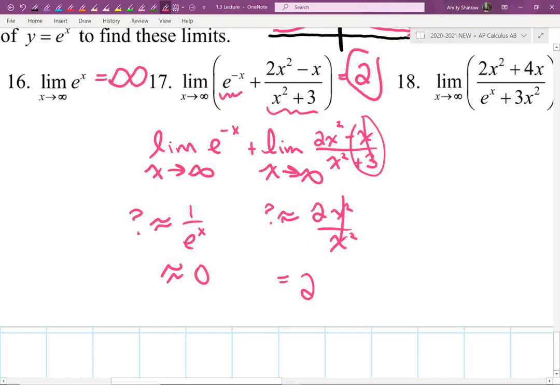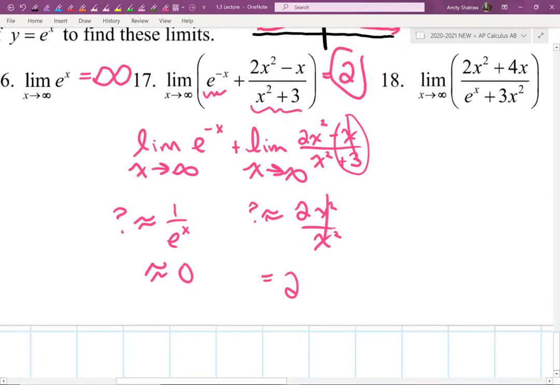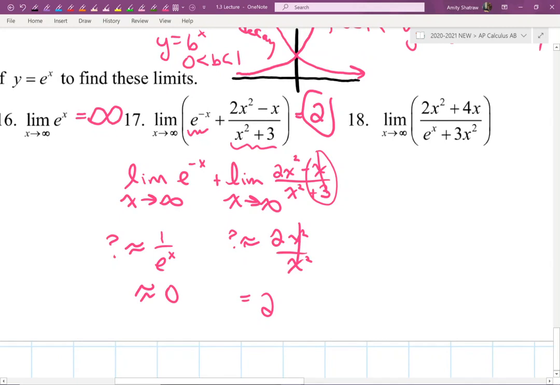All right. Now, let's take a look at 18. It's slightly different, isn't it? When you're looking at it being slightly different, you're like, well, what do I match with? I've been sort of picking the first two terms that have the highest degree. And you might be tempted to say, well, these things match and I should set them equal to each other.